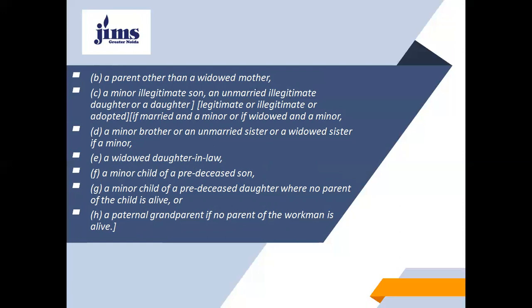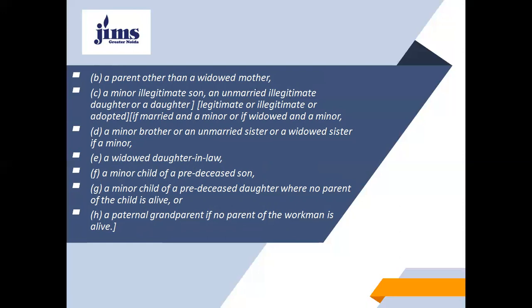And a minor brother or an unmarried sister or a widowed sister, if a minor, will also be treated as a dependent person. A widowed daughter-in-law, a minor child of a predeceased son, a minor child of a predeceased daughter, where no parent of the child is alive.